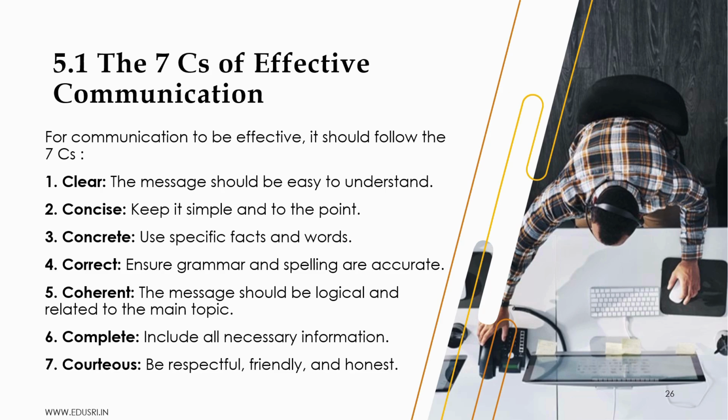Fourth, it must be correct, with accurate grammar and spelling. Fifth, it should be coherent, meaning it is logical and connected to the main topic. Sixth, the message should be complete, containing all the necessary information. And finally, communication should be courteous, showing respect, friendliness, and honesty.